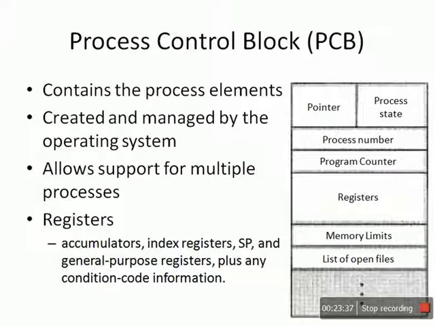Suppose this process P1 tries to access the memory location 350, which is out of its address space, because P1's address space is 200 plus 100, that is 300. So it can access the memory locations only between 200 and 300. When it tries to access address 350, it gives an error. That is the segmentation fault.